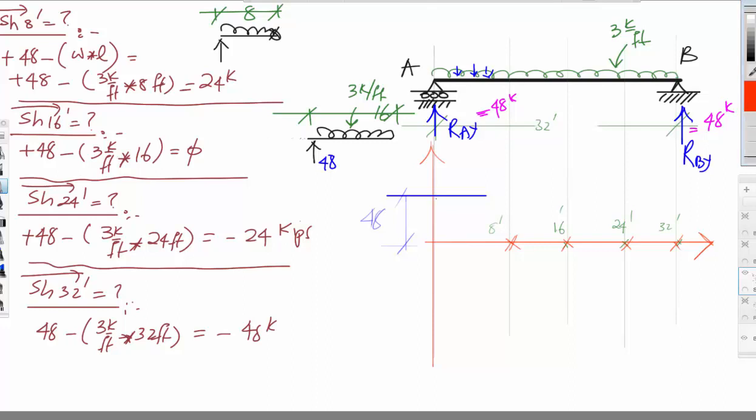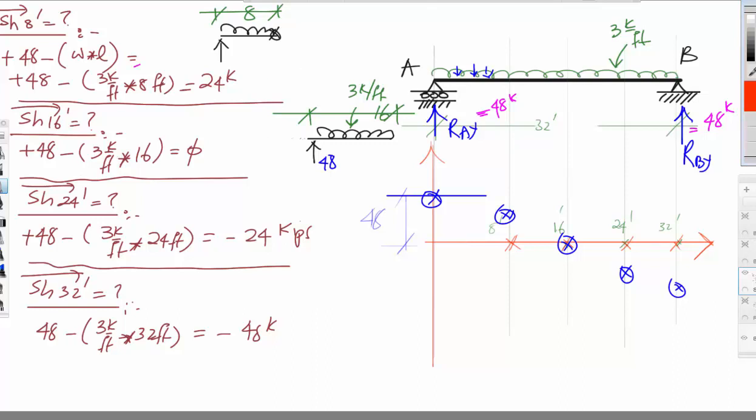Now if we would like to sketch again, we just put the points. We have this as the first point, the second point, third point, fourth point, and the fifth point. Now how do we connect these? Are they a straight line or a curve? Again we go back to our calculus skills.